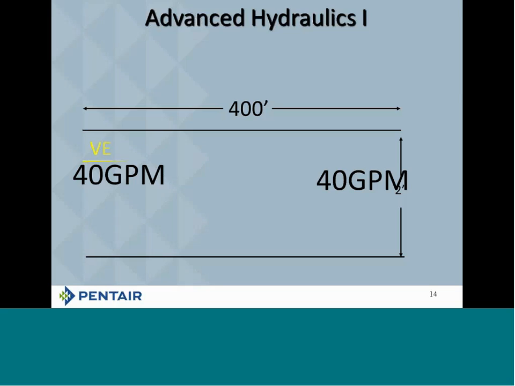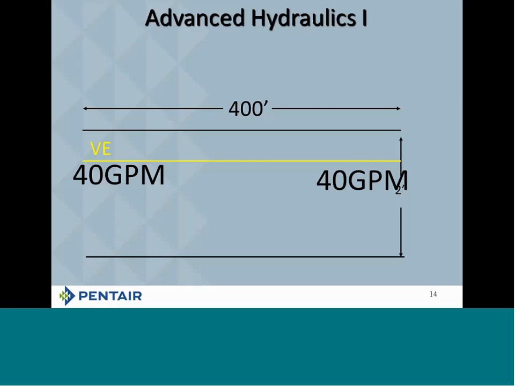Remember, we can turn velocity into energy, so you can see there, I've marked it with a VE, velocity energy. And that velocity energy must remain constant the full 400 feet. It can't change because the flow doesn't change and because the pipe diameter doesn't change.